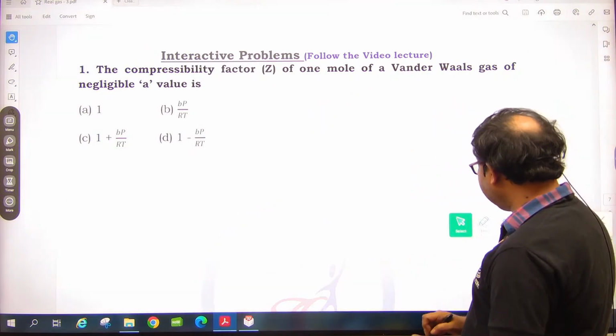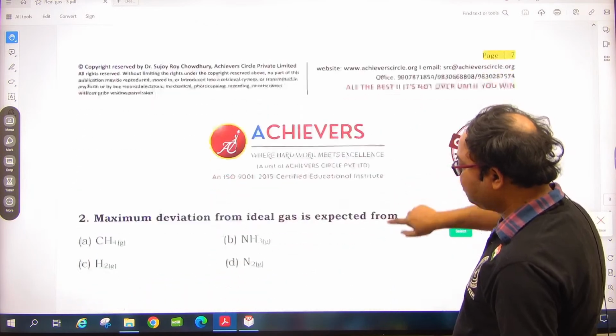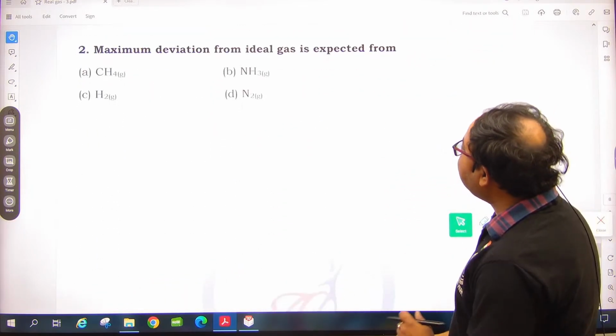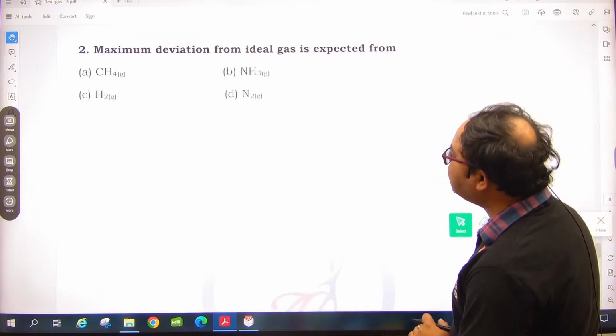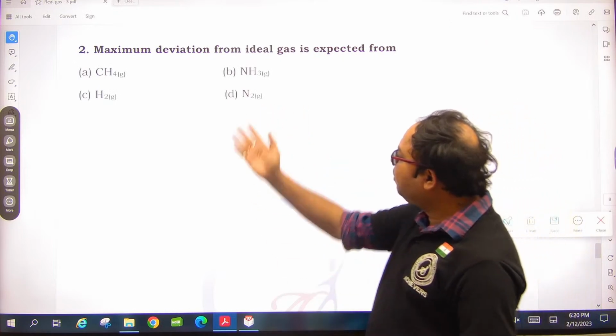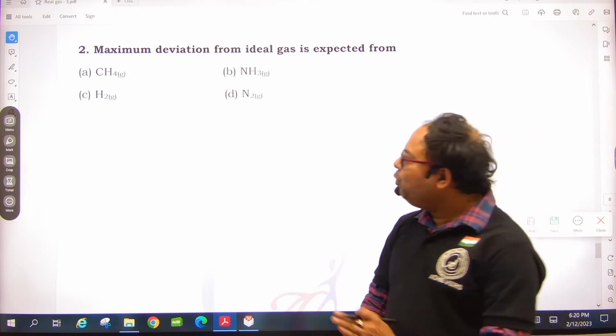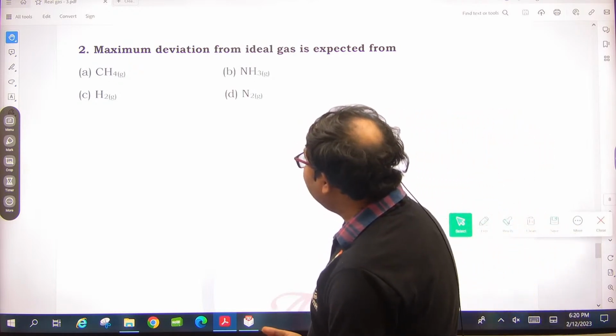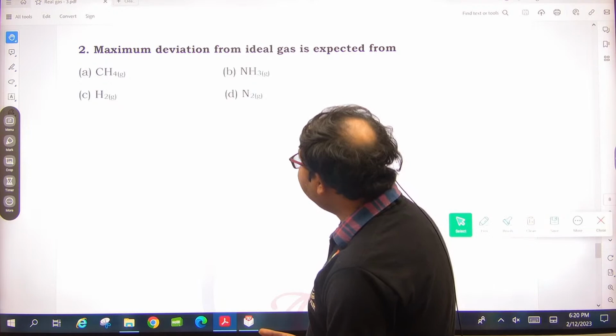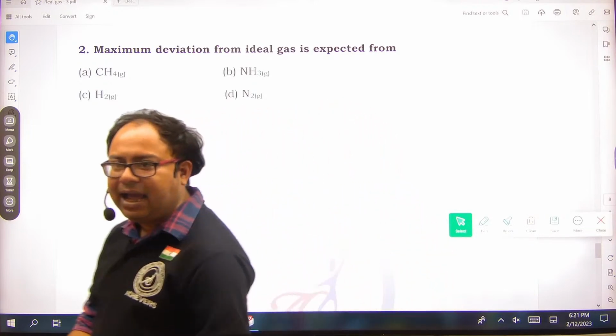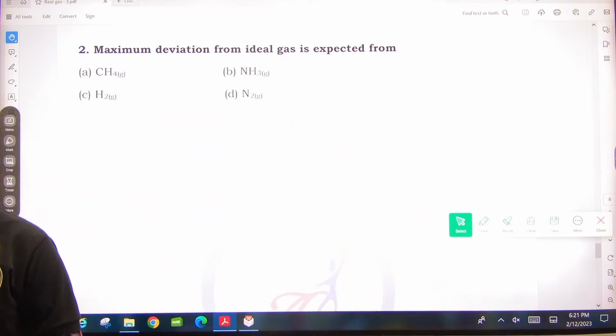Next problem. Maximum deviation from ideal gas is expected from which one? We have maximum deviation from ideal gas where there is maximum interaction.